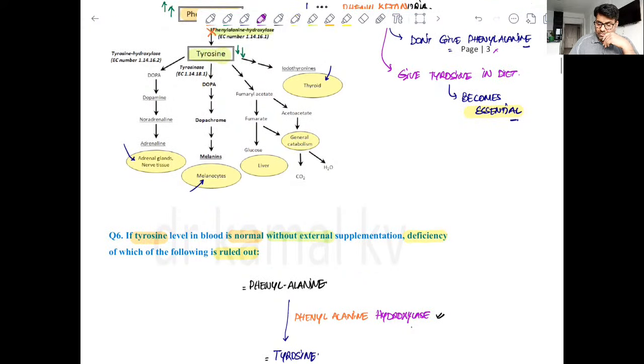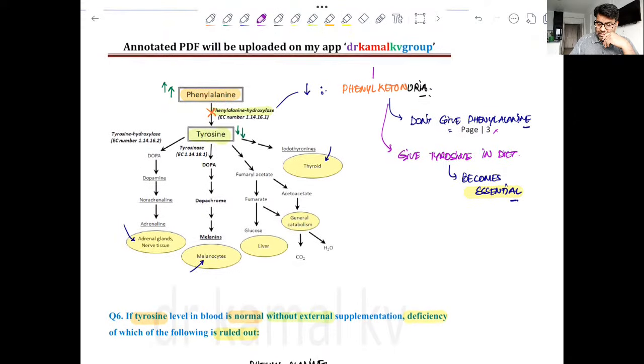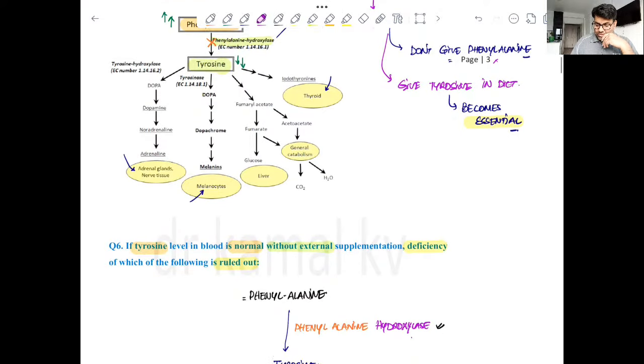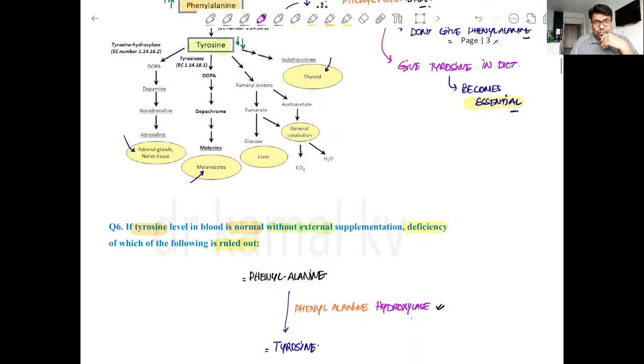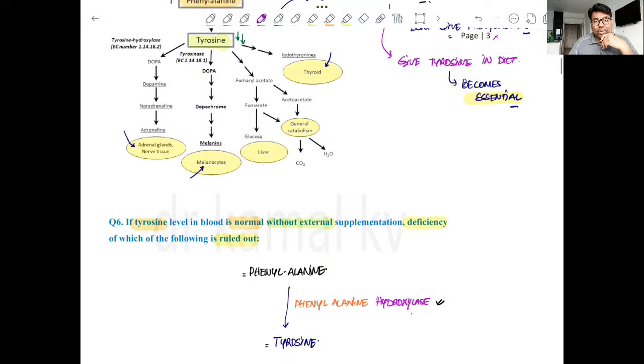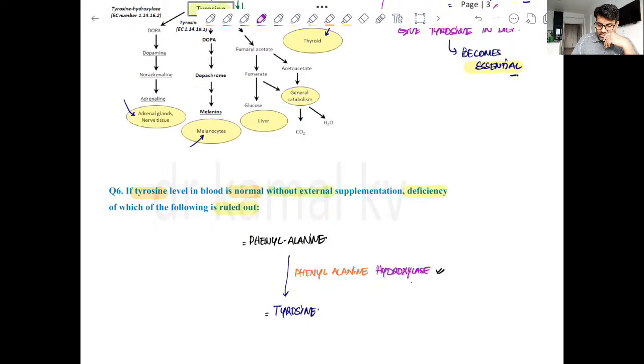And in case, like we have discussed here, if there is no PAH activity, that is phenylalanine hydroxylase activity, of course there is no conversion of phenylalanine to tyrosine, so we need to supplement it from outside. So if there is no supplementation from outside and tyrosine is in sufficient amount, it means phenylalanine hydroxylase is working perfectly.